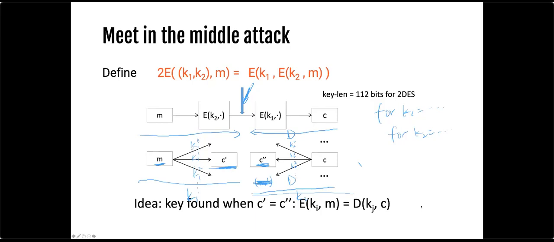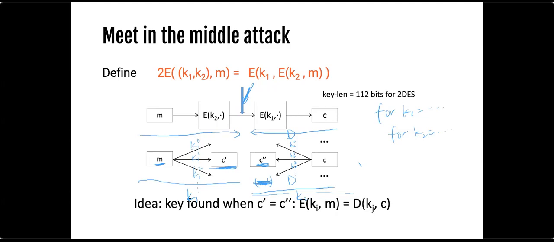As Keenan said, the idea is to find the equal situation, like find K1 and K2 at the situation where the ciphertext, C prime and C prime prime, is equal, is the same.